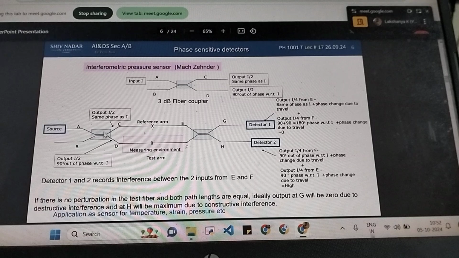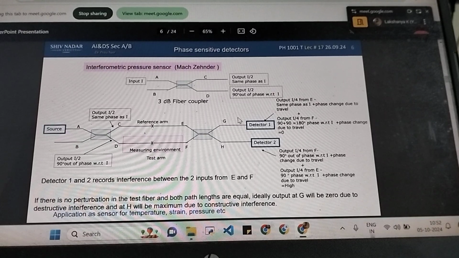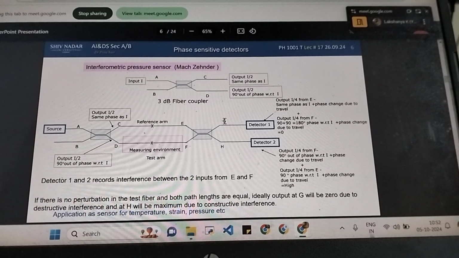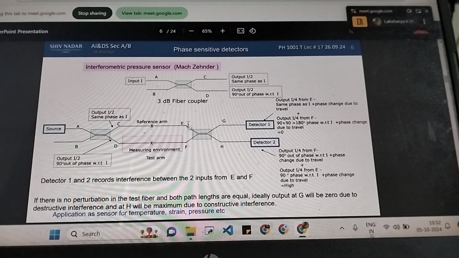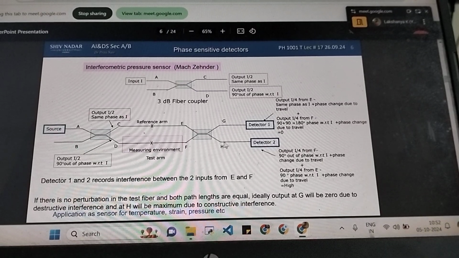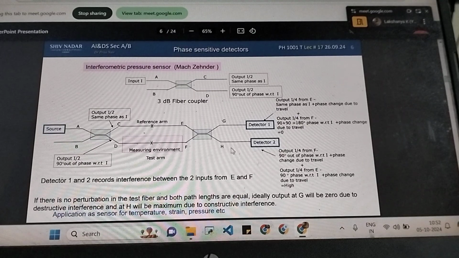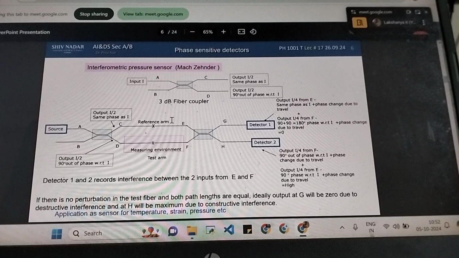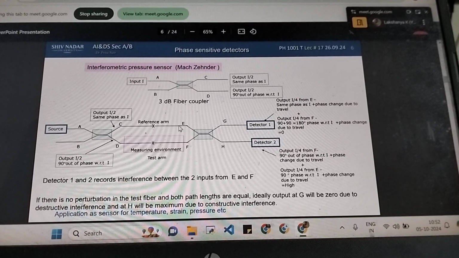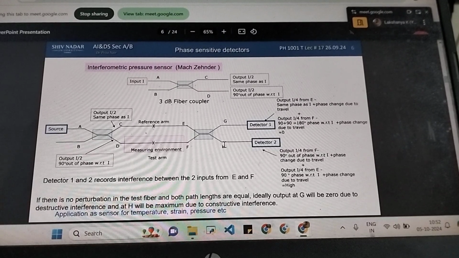From A to C and again from E to G, it did not cross over at any point. So I by 4 with phase equal to 0. And then from E to H, you will have I by 4 with a phase difference of 90. Why 90? At this point it did not cross over, but from E to H it crossed over. So one crossover, so 90 degree phase difference.